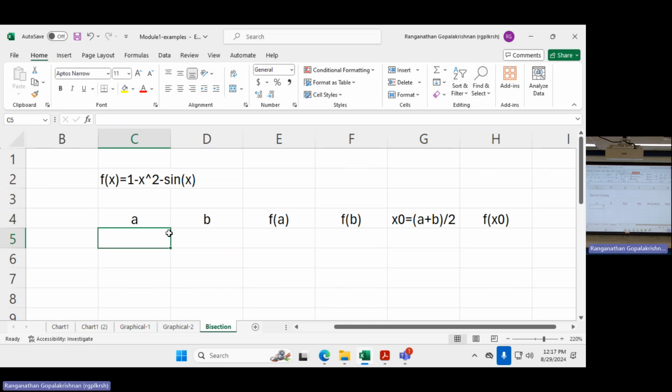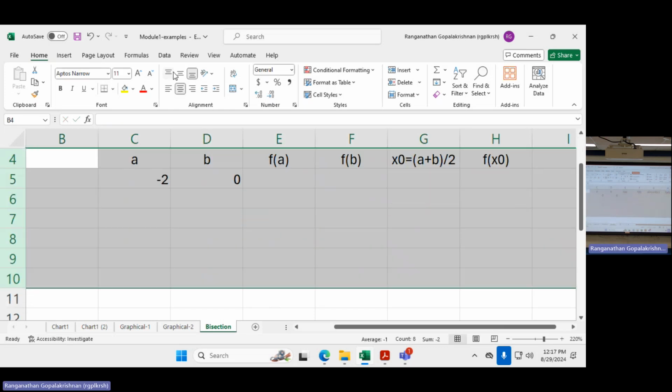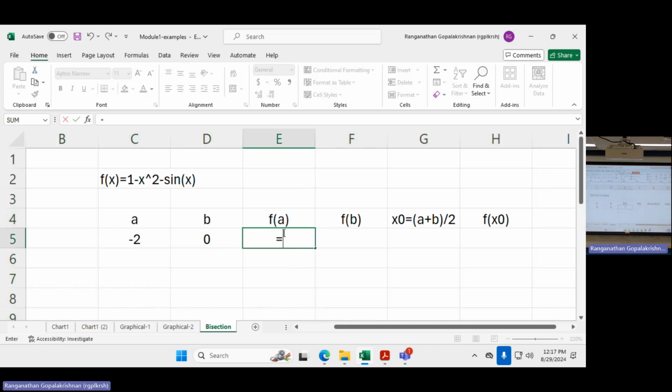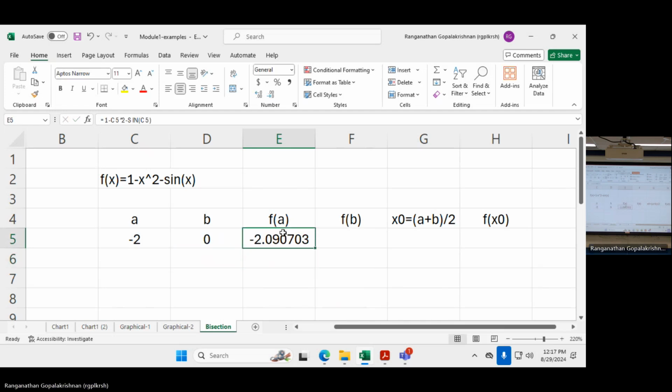All right, what is A? Minus 2. What is B? 0. That's what we figured from our graphical method. What is f of A? You just need to punch in 1 minus A squared minus sine of A, press enter, and that's the beauty or convenience of the computer, which gives you the number.